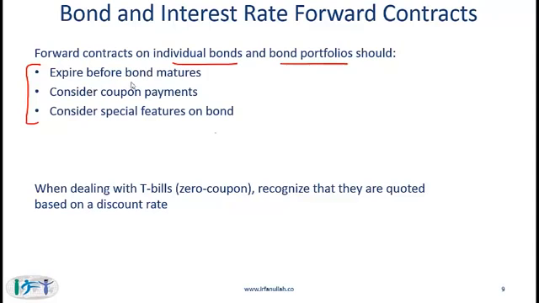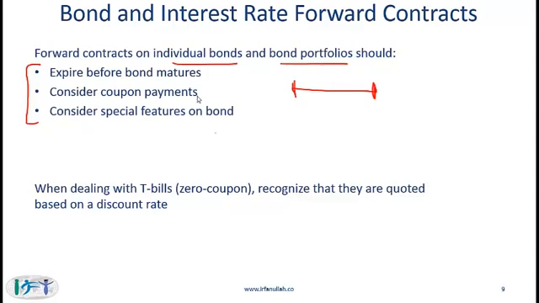Bonds mature, therefore, if we have a forward contract where the bond is an underlying, the forward contract must expire before the bond matures. In other words, if you have a forward contract on a bond which matures in 3 years, then obviously the forward contract should expire before 3 years.